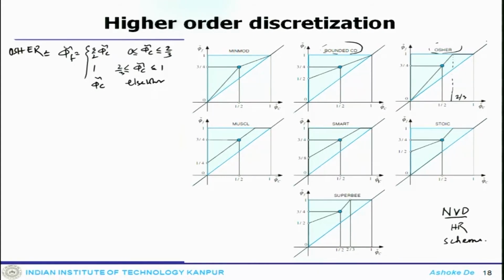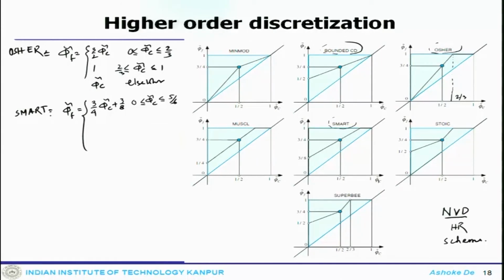Now, the SMART scheme. If you see here, SMART has phi f equals 3 by 4 phi c tilde plus 3 by 8 if phi c tilde lies between 0 and 5 by 6, which would be somewhere here, with a slope of 3 by 4 and a constant 3 by 8.